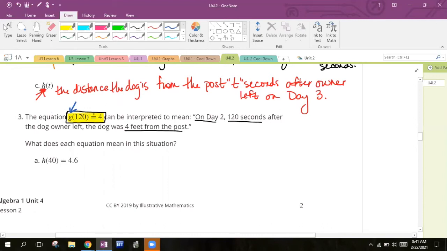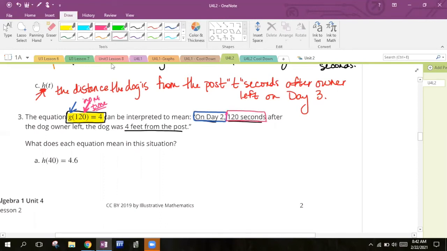We know that G represents day 2. We know that always and forever, anytime we look at function notation, this number in the parentheses will always tell me my input. In this case, our input is 120 seconds. It's our time in this situation.